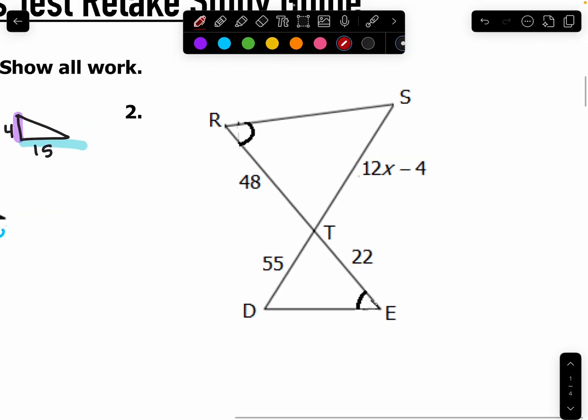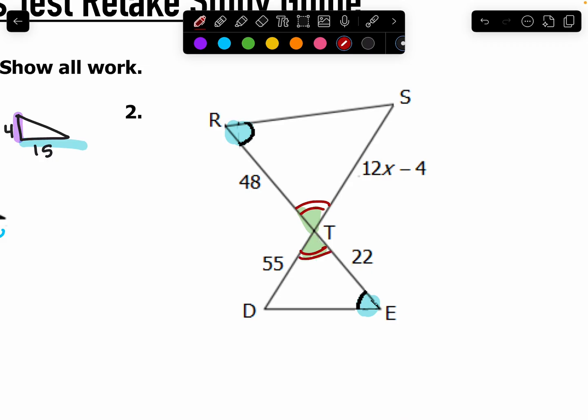For number 2, we can see here that this angle and this angle are not similar, are congruent, and these are vertical angles, so they are congruent. So that gives us an idea of how to set this up.